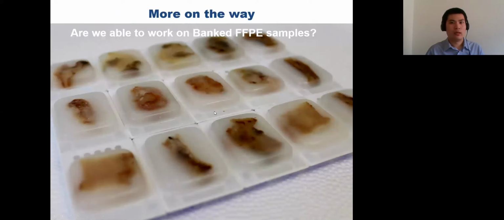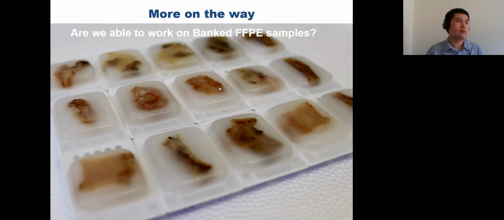With this, I want to talk a little bit about our technology possibilities in the future. We think the banked FFPE samples are very valuable for this kind of application, because I think over 90% of the samples in the world have been banked as FFPE, the paraffin form, rather than the fresh frozen form.